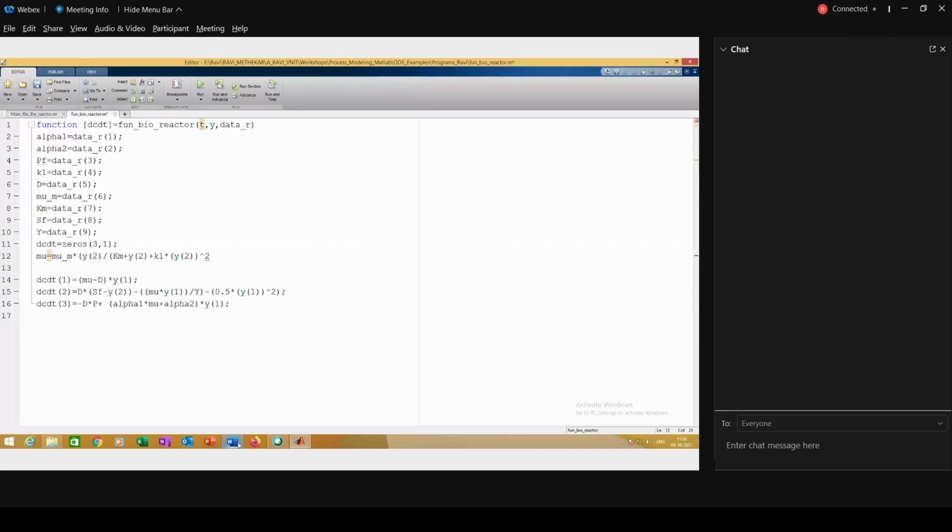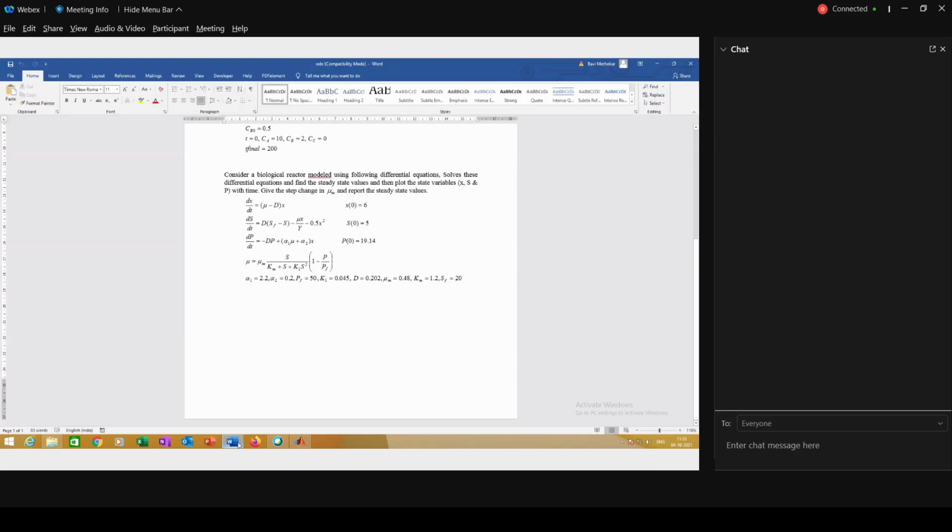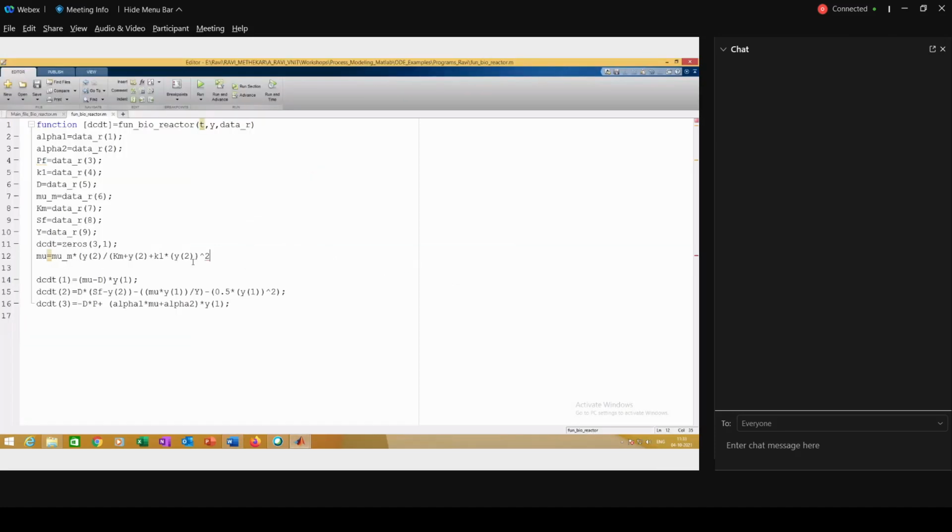So I coded the denominator and the numerator also.